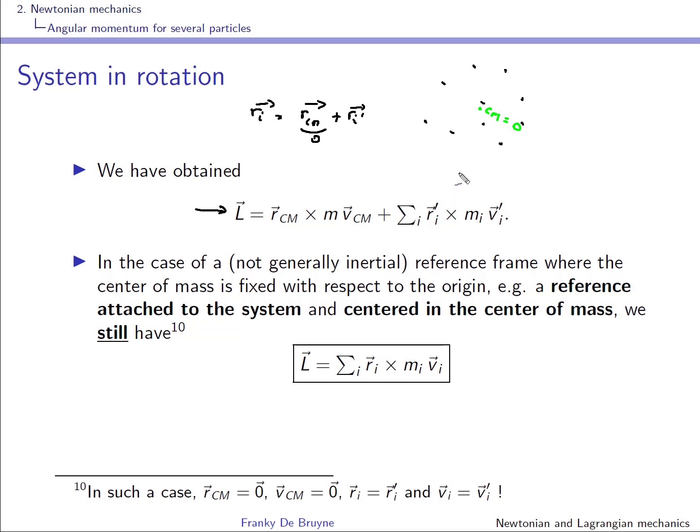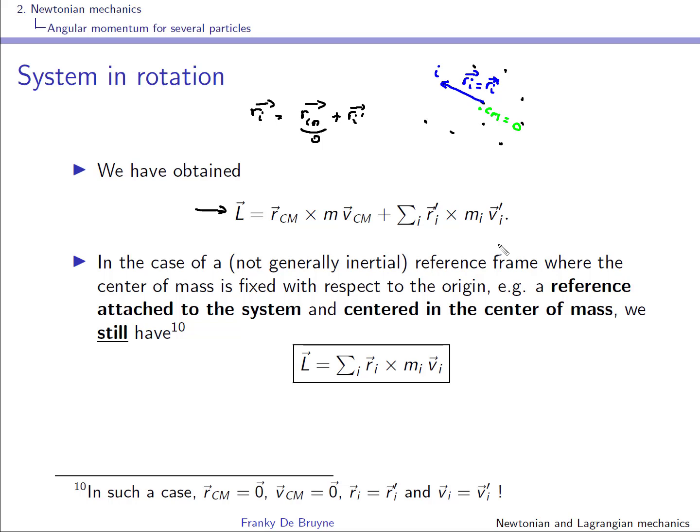So this means that if this is, for instance, particle i, this vector is Ri. In this case, it's also equal to Ri prime.